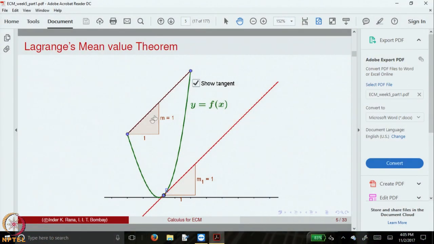If f is a continuous function on a closed bounded interval [a, b] and differentiable in the open interval (a, b), then there is a point c such that the tangent at that point is parallel to the chord joining the points (a, f(a)) and (b, f(b)). So, this is an important theorem in calculus which gives us a lot of applications.